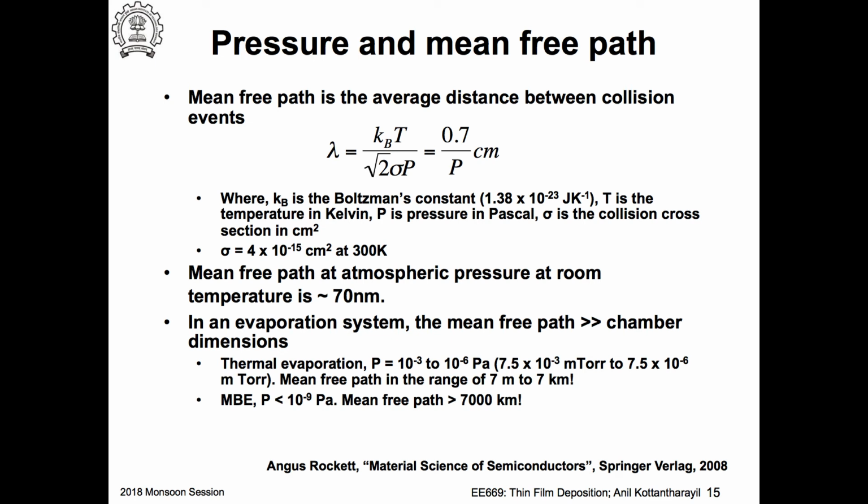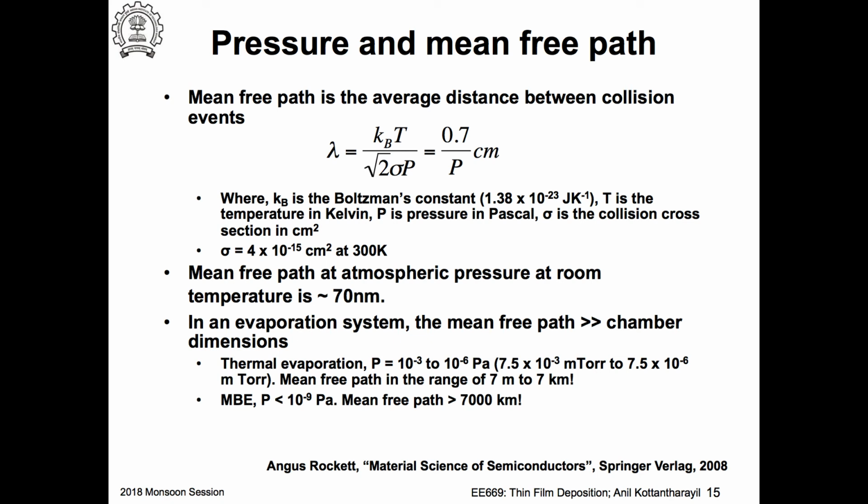How big is it? Maybe half a meter, from the source to the substrate. Half a meter is maybe a bit too much, but that gives you a sense. Here we are talking about mean free path in the range of 7 meters to 7 kilometers. So at the lower end of the pressure, it hardly ever goes through any collisions.